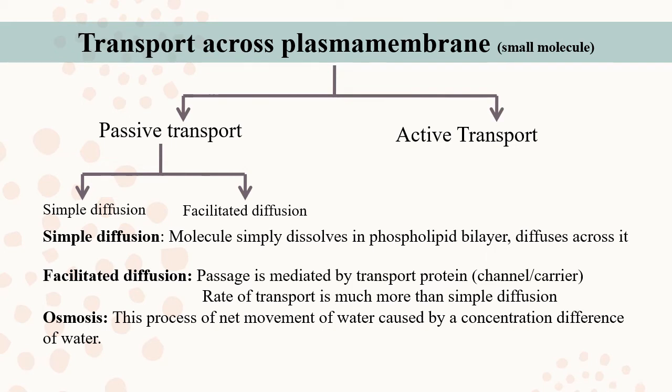Whereas in facilitated diffusion, passage is mediated by a transport protein, which may be a channel or a carrier protein. Here, the rate of transport is much more than simple diffusion. There is another process involved, which is known as osmosis, in which the net movement of water is caused by the concentration difference of water.